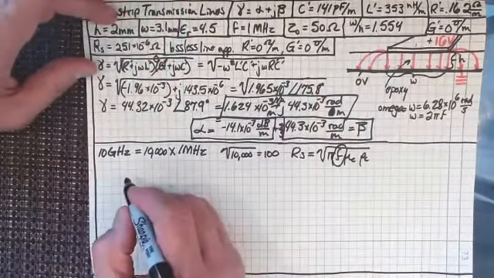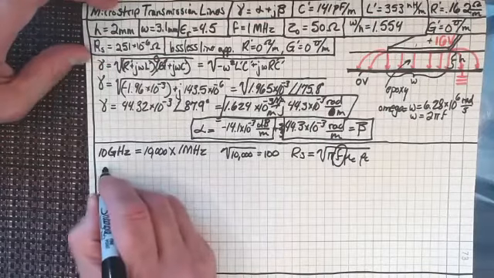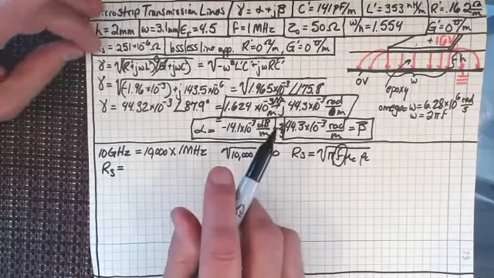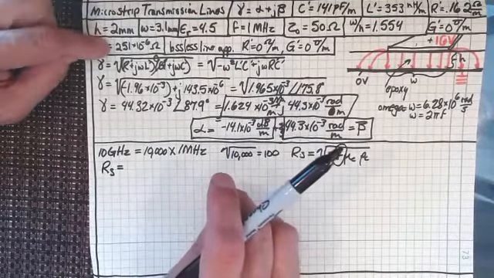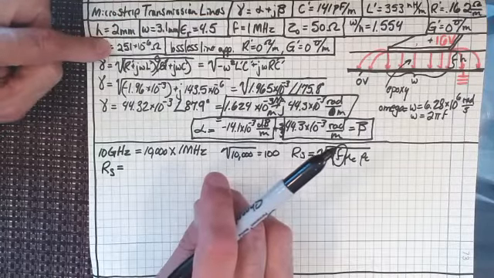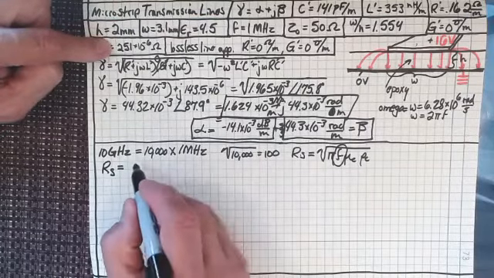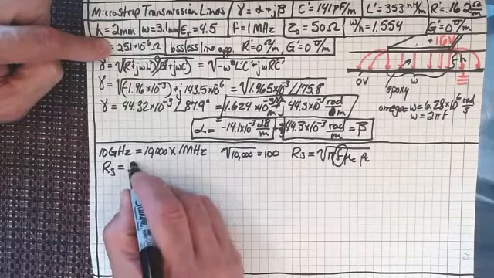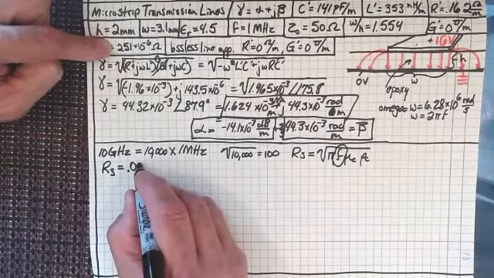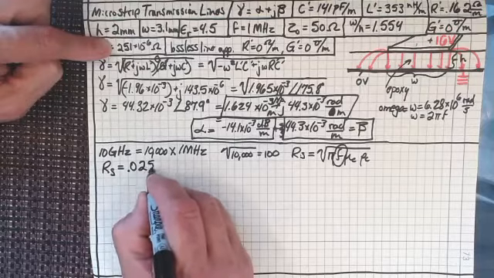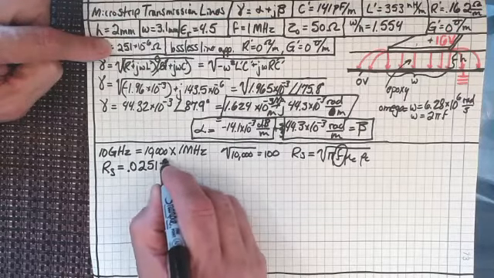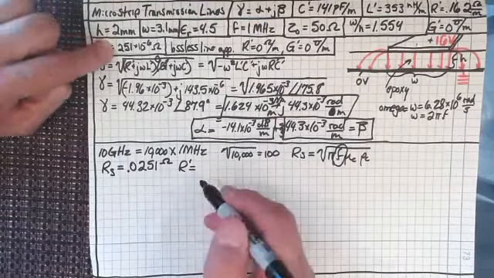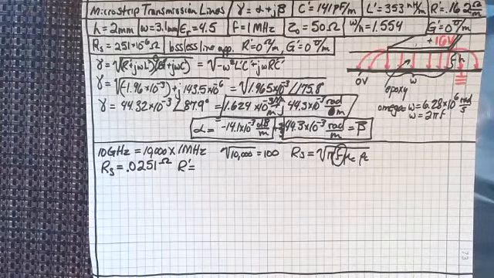If R sub s up there was 251 times 10 to the minus 6, R sub s down here is just going to be 100 times that, or 251 times 10 to the minus 4, or 25.1 times 10 to the minus 3, right? So 0.0251 ohms.